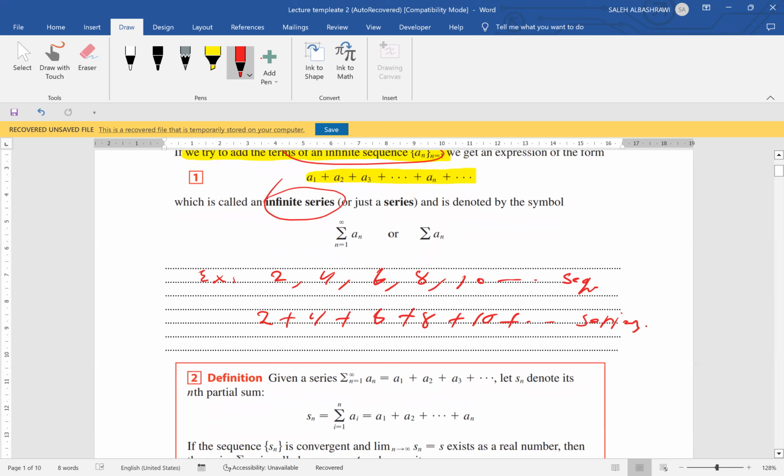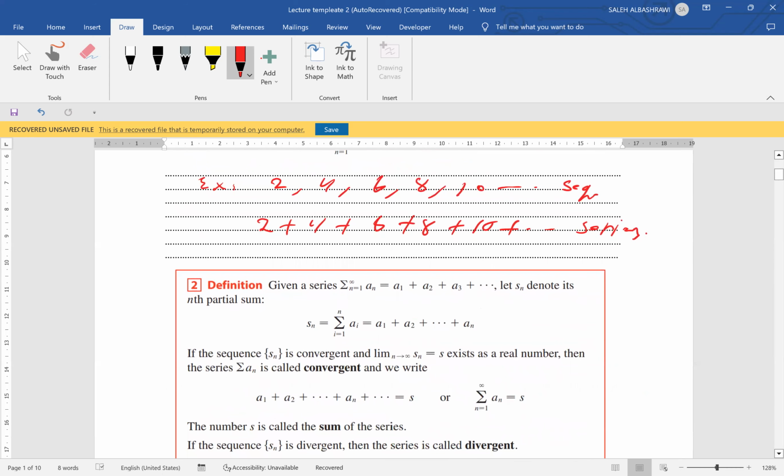So if we are given a series, sigma an, where n starts from 1 to infinity, or n starts from 0 to infinity, given by a1 plus a2 plus a3, then we denote Sn to be the nth partial sum. We mean that Sn is the nth partial sum, which means we are adding the first n terms. So Sn is just the sum of the first n terms.